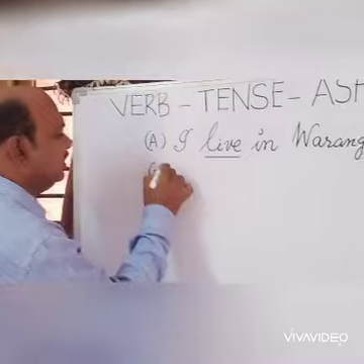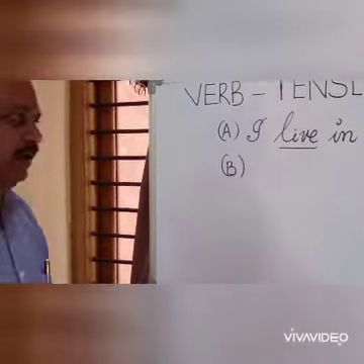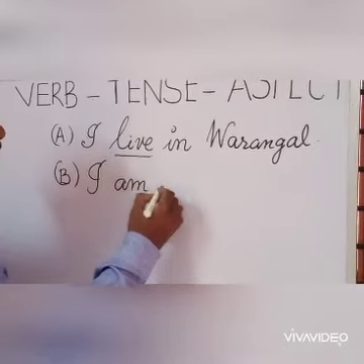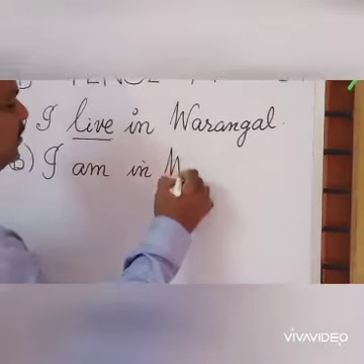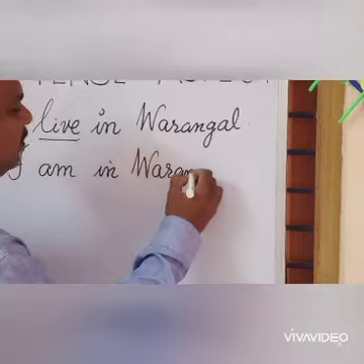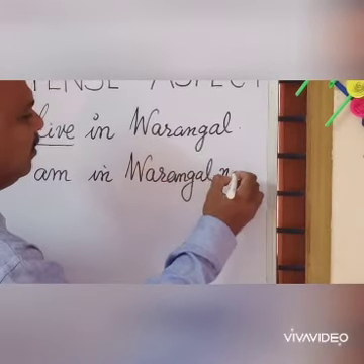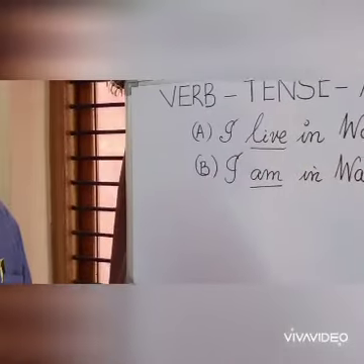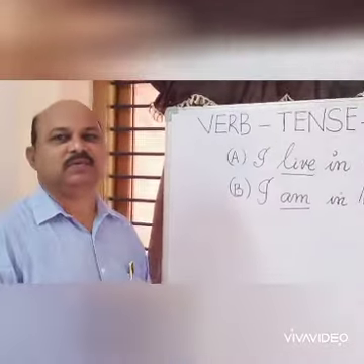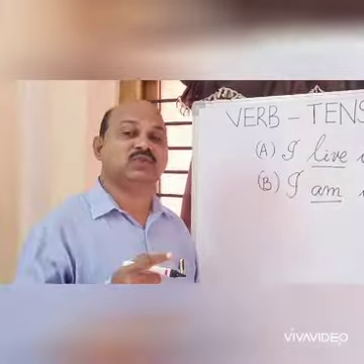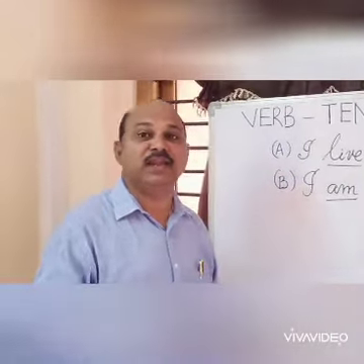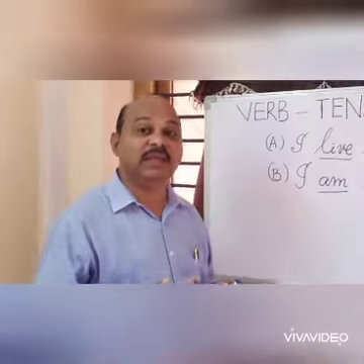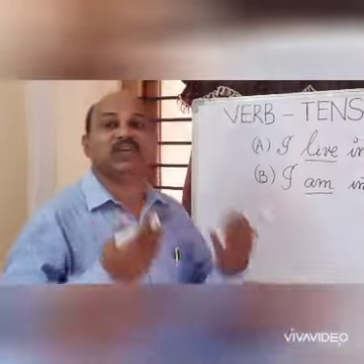Let's find out in sentence B one more thing. I am in Warangal now. This am indicates where you are, your condition. That is in grammar called being or your state of being.